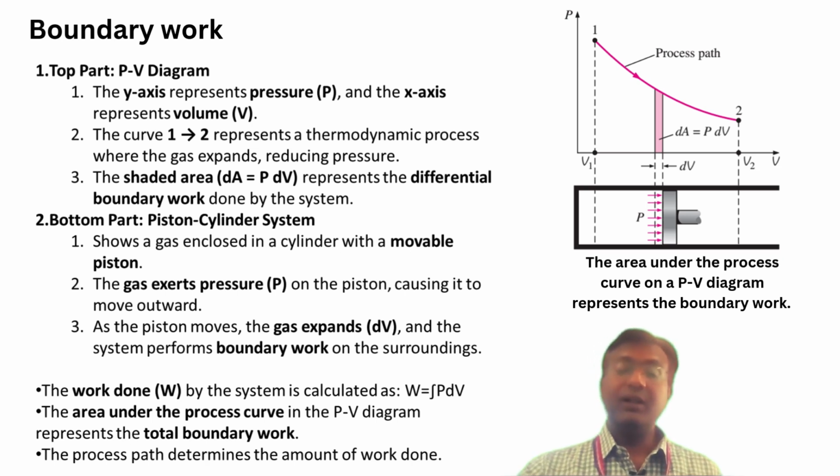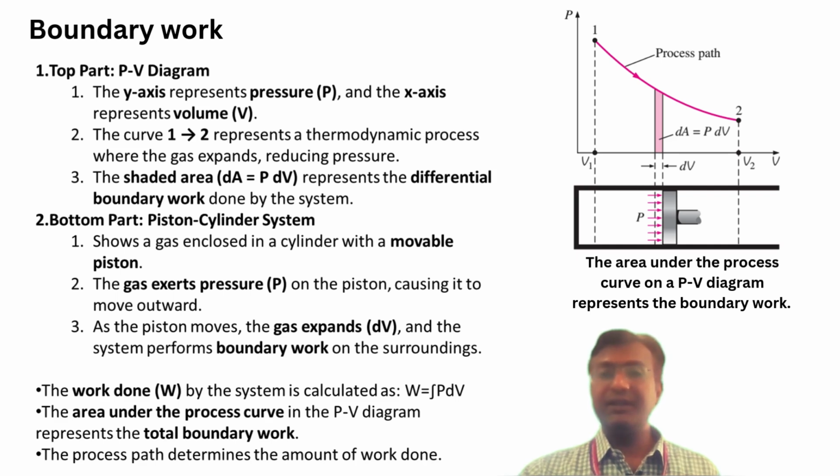But in the other case, in which there is an expansion process, in which the volume of the gas increases, and consequently the final pressure is less than the initial pressure, then the system provides work. And this work is considered as a positive work.